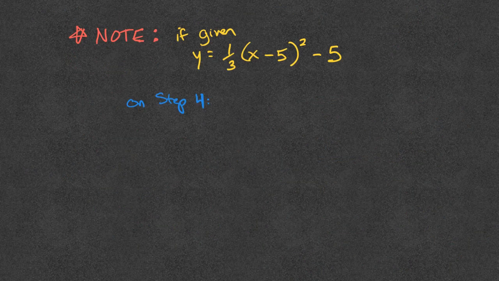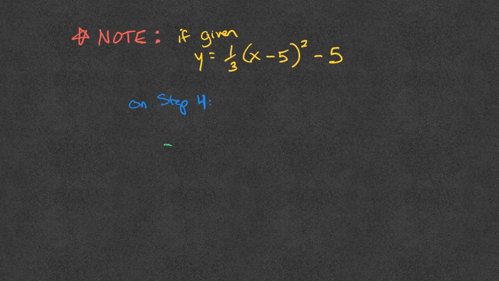One more note before I conclude this video. If you're given basically the same equation, 1/3 (x minus 5) squared minus 5, on step 4, you'll still use the vertex. Negative 5, negative 5. And then when you're looking for something else to plug in here, 3, and you're going to subtract that number.